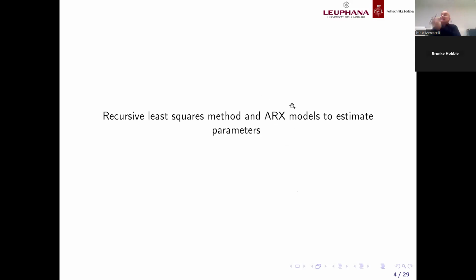Didactically, it is typically the most used model in order to understand this kind of approach. We have AR because it's not always necessary to use an external signal, but of course in control we have an input.